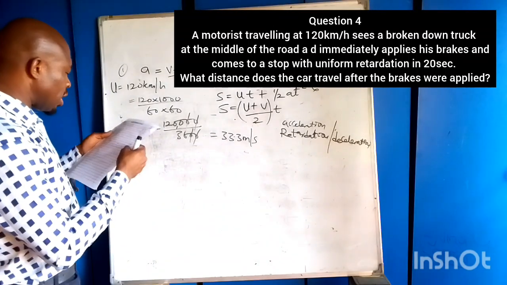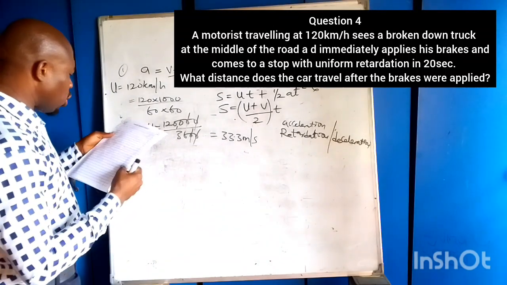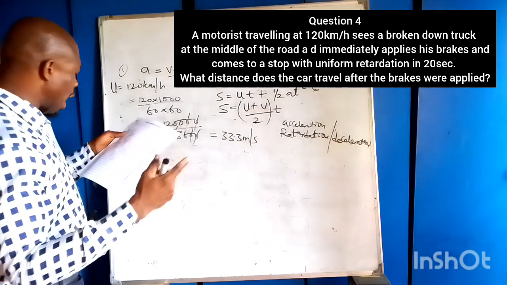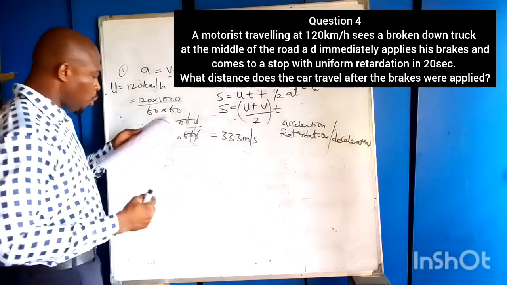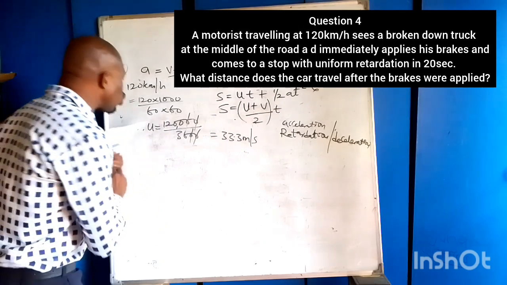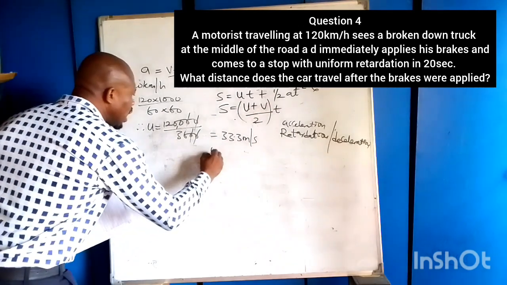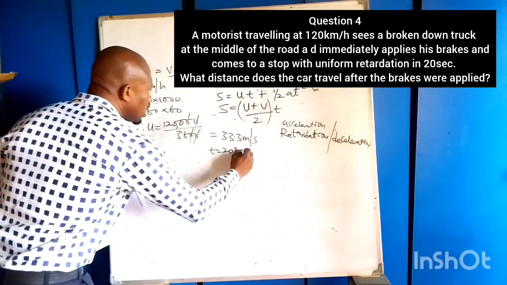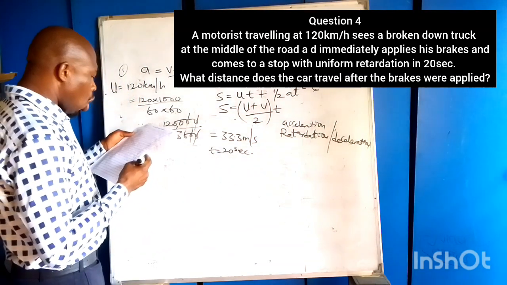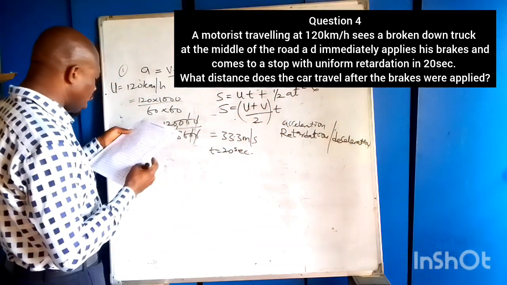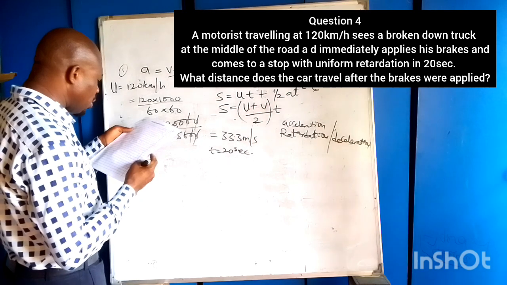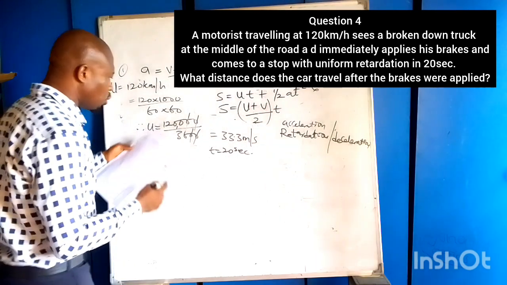A motorist traveling at this speed sees a broken down truck in the middle of the road, and immediately applies his brakes and comes to a stop with uniform retardation in 20 seconds. T is 20 seconds. What distance does the car travel after the brakes were applied?